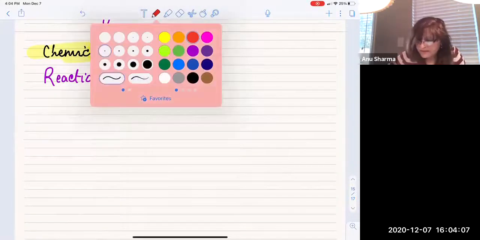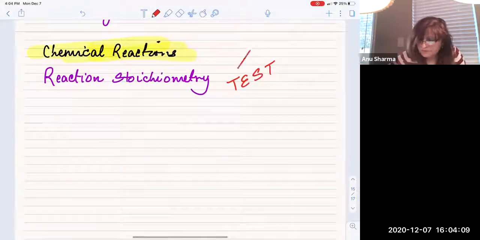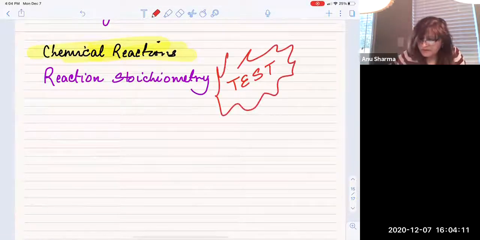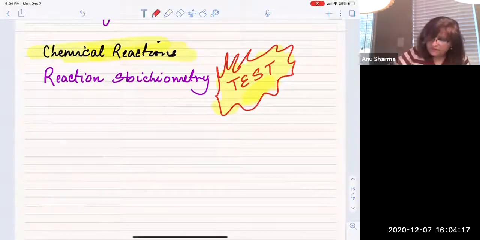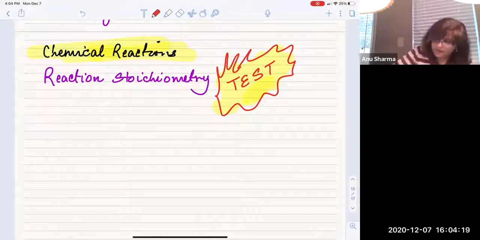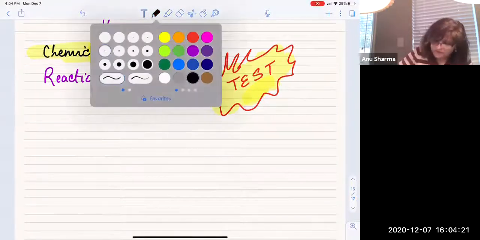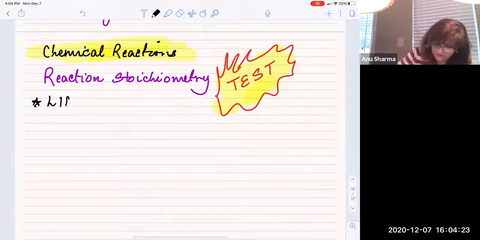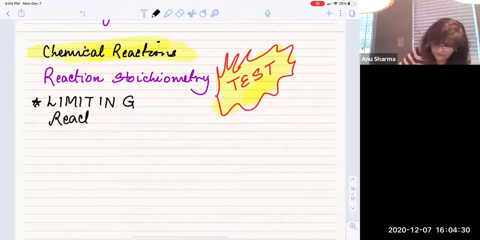If you're still confused about something, I can do a specific question for you. But since we've covered stoichiometry quite a bit, here is going to be limiting reactant. Definitely there's going to be a question. Limiting reactant and percentage yield.